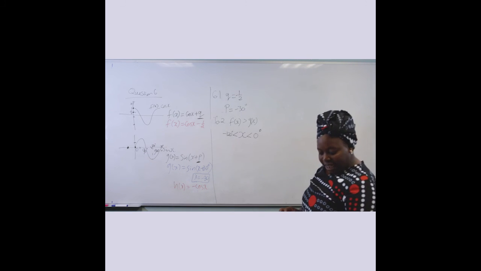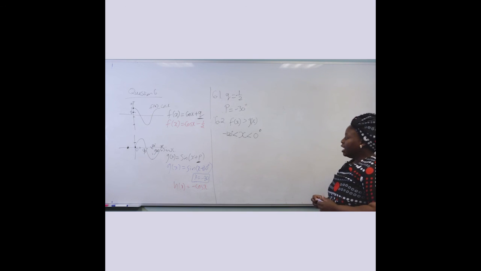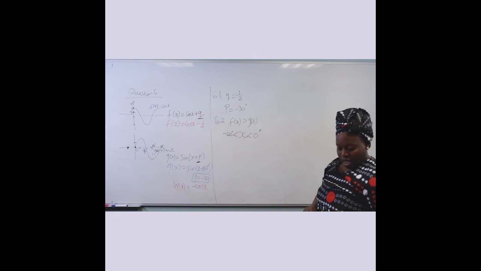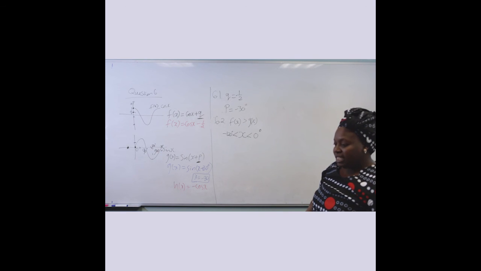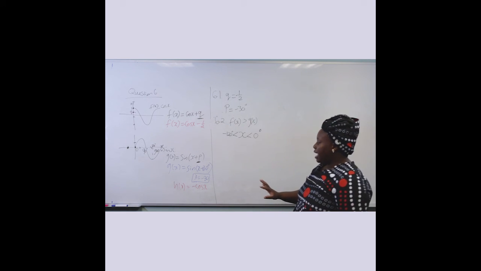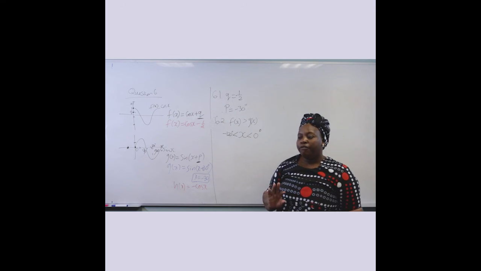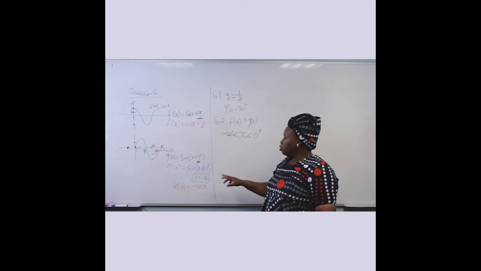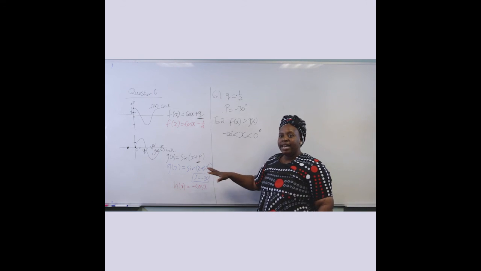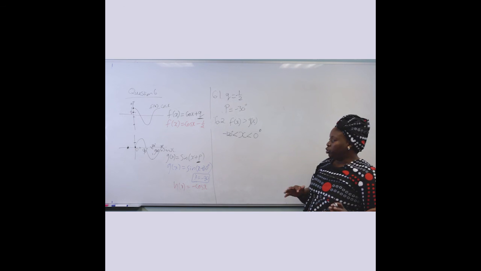What is it that can happen to end up with that, starting from sine of x plus 30? First of all, you will have to have 90 at some point. If that happens, then it will do what they want.